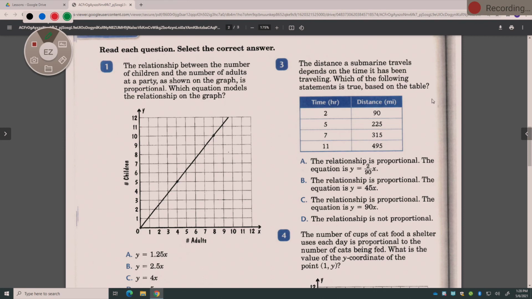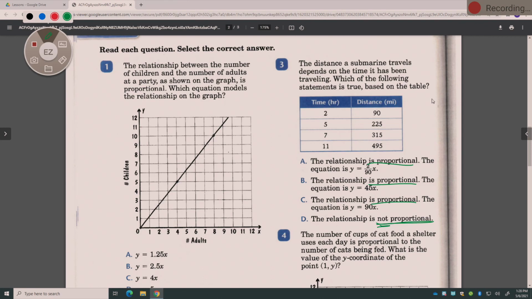The distance a submarine travels depends on the time it has been traveling. Which of the following statements is true based on the table? So I look at my answers first. 3 out of my 4 say that it is proportional. My last one says it's not. So let's start with that first.